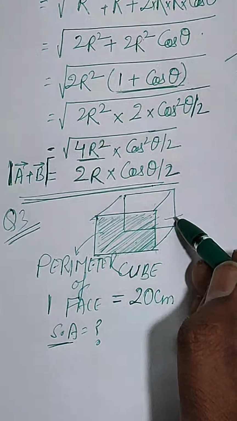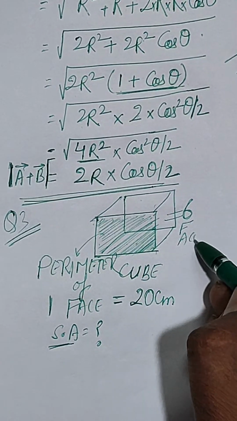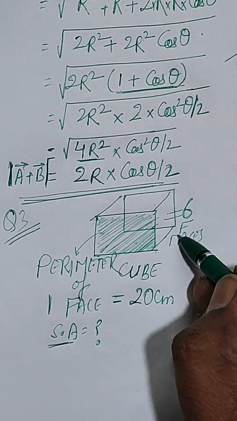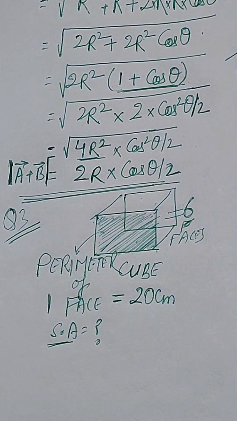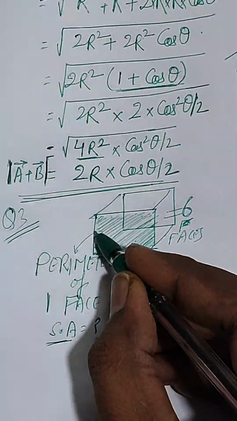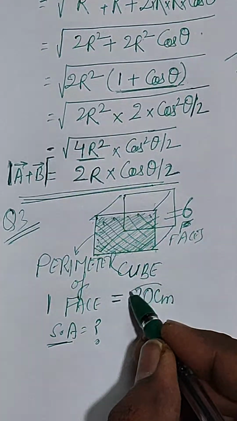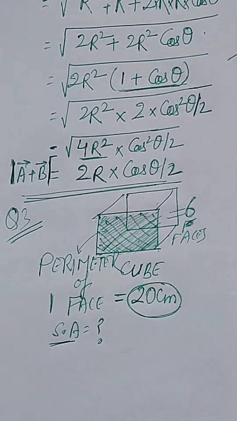Total 6 faces, right? So if 6 faces are there, one of the faces has the perimeter 20 centimeter. This is given to you.